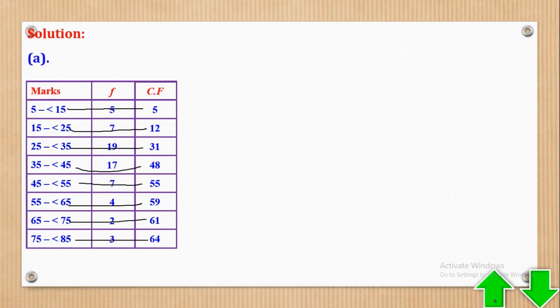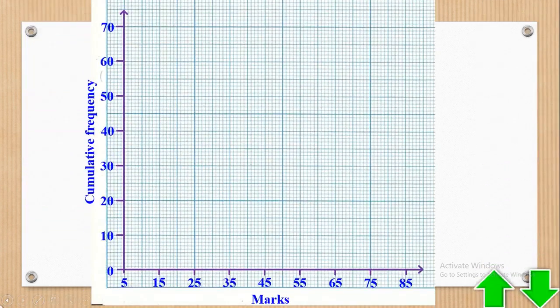So let's plot that and we see. The first value of 15 is that, second value of 25 is that, then 35 corresponds to that, 45 corresponds to that, 55 corresponds to that, 65 corresponds to that, 75 corresponds to that, and 85 corresponds to that.